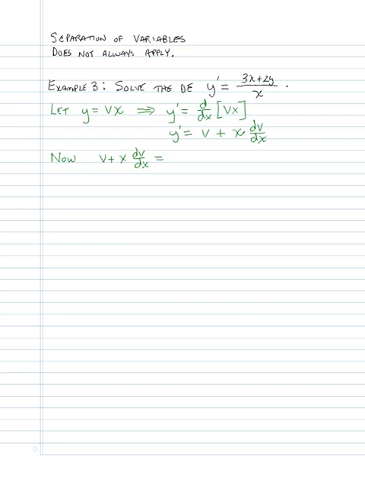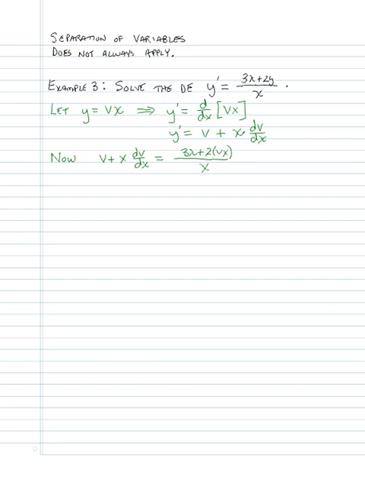Now, on the right side, of course, we have 3x, and then we have plus 2y. But remember, y is vx. So we have 2 times y, but y being replaced with vx. And all that's divided by x.